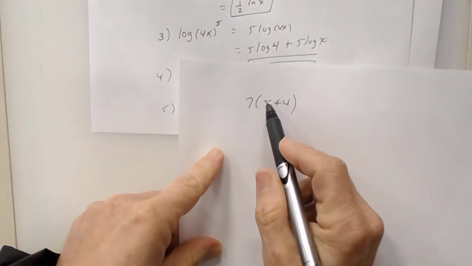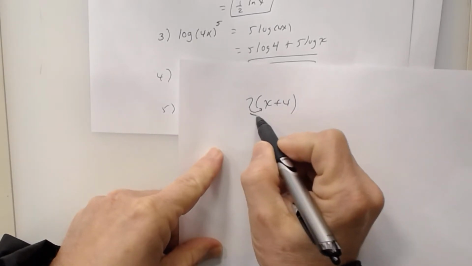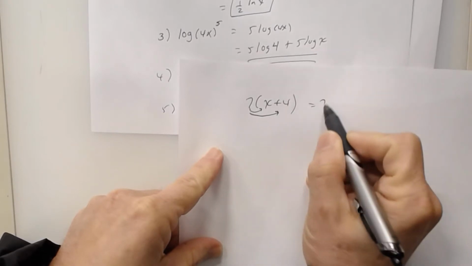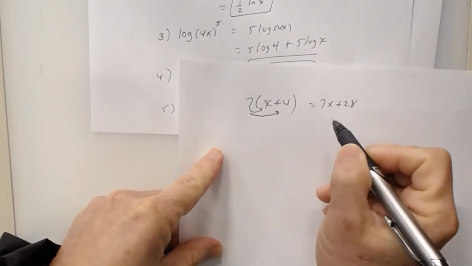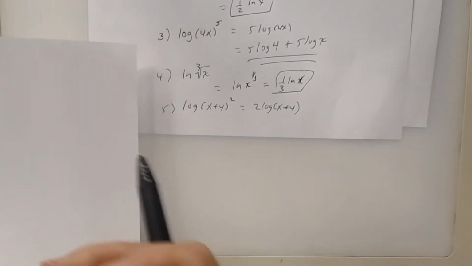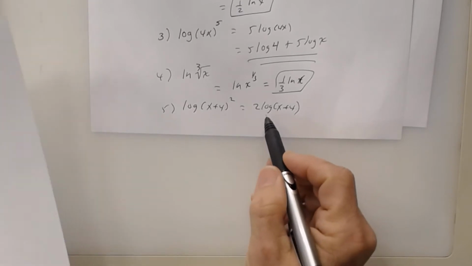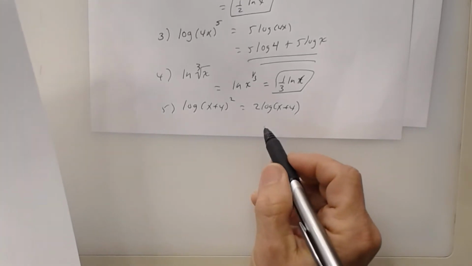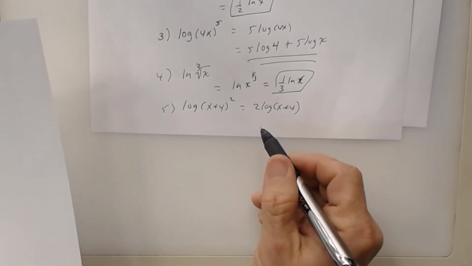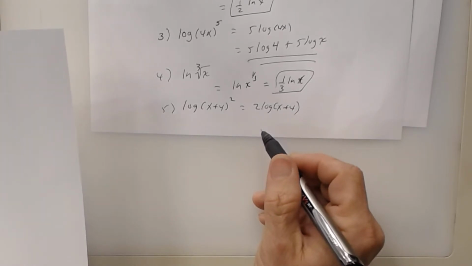What would you do here? You would just use the distributive property. So you'd say 7 times x plus 28. Students, not all of them, but there's always a handful that will distribute the log. Log is not a number. It's a function.